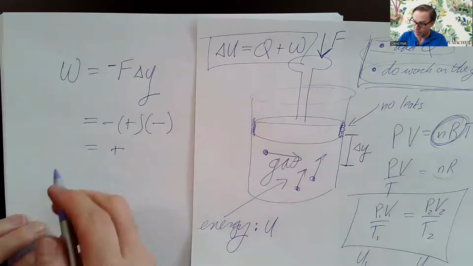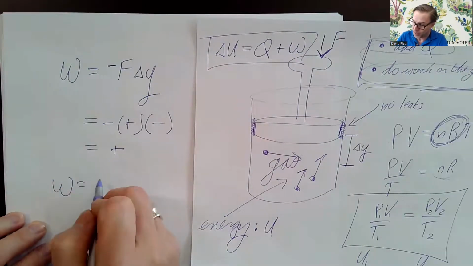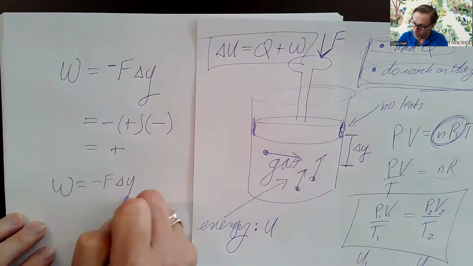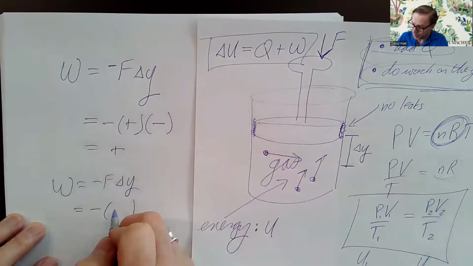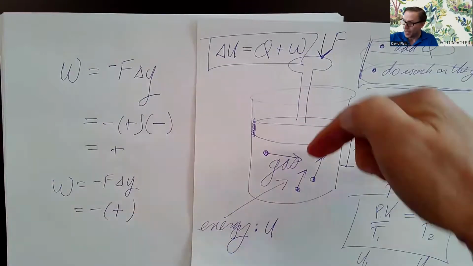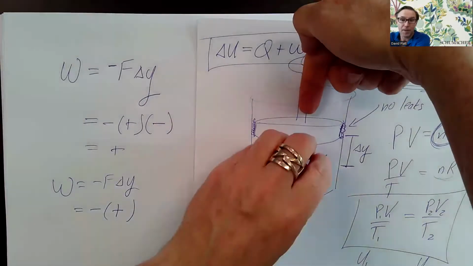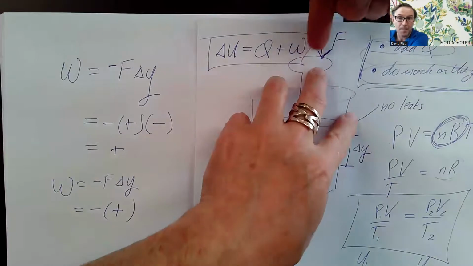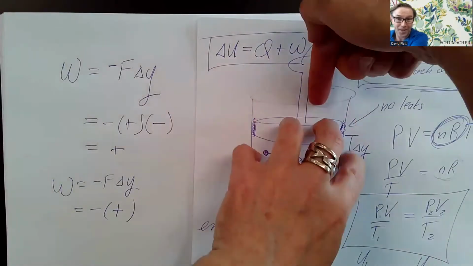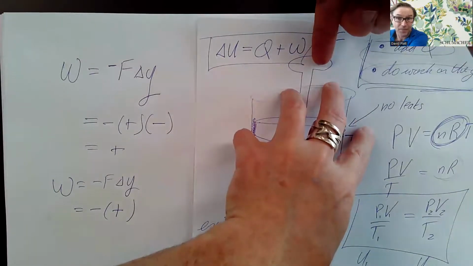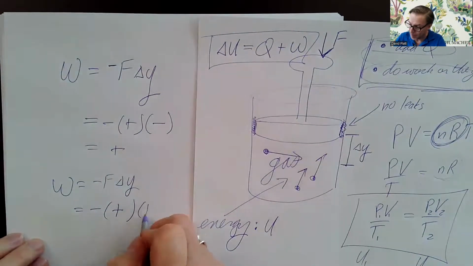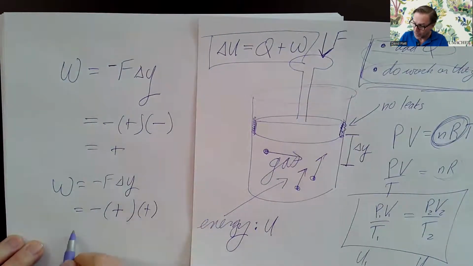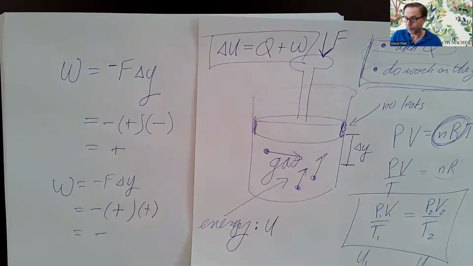However, if I have work equals negative F delta Y, F is always positive. If I'm pushing down, but the gas still expands, then delta Y is positive because we're moving up. Negative, positive, positive is negative.